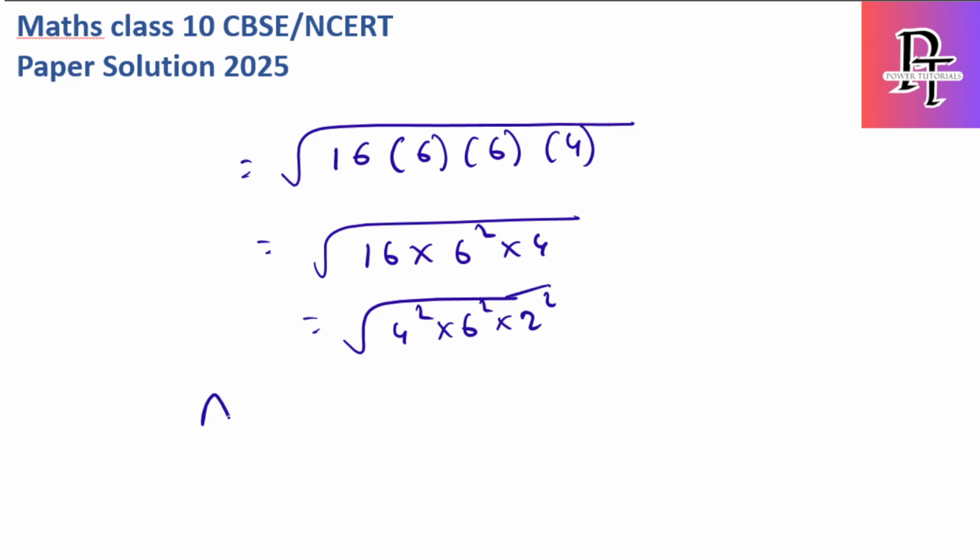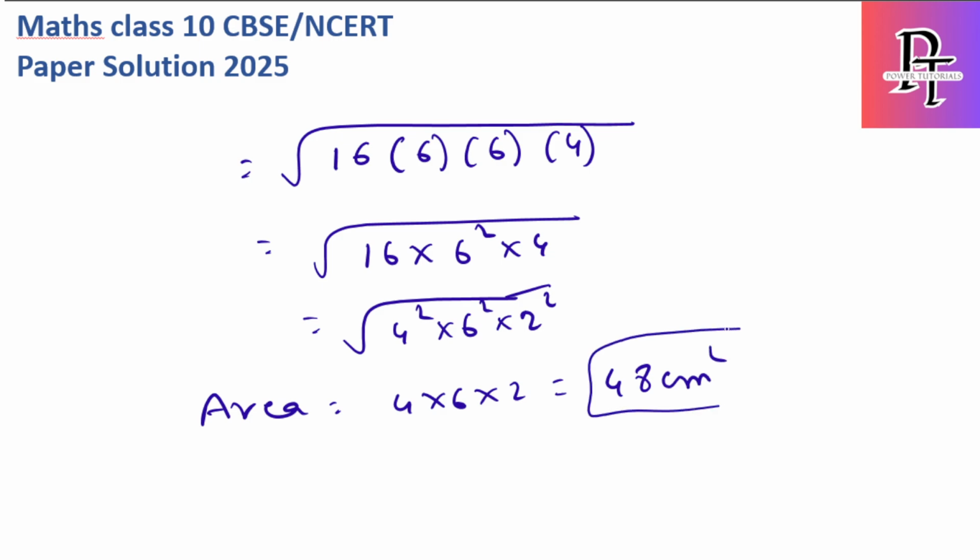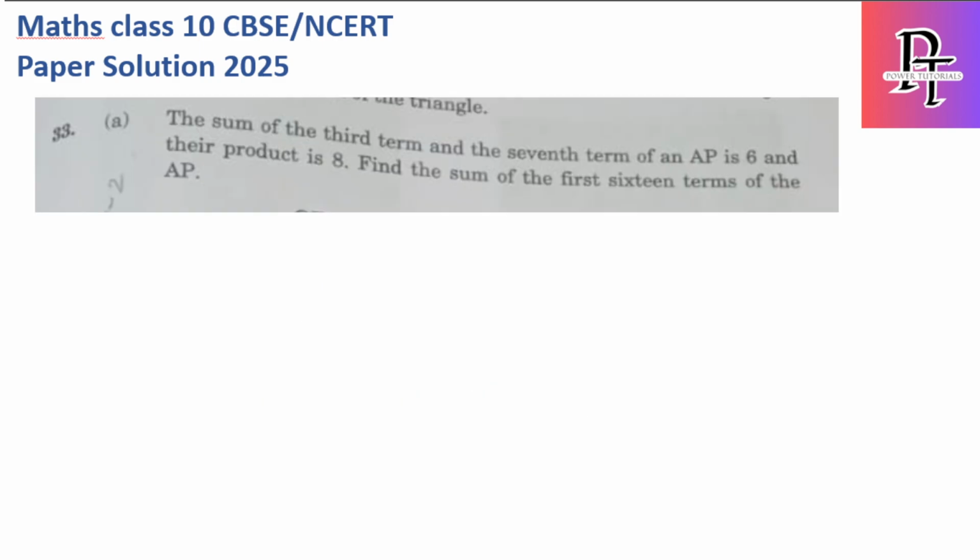So finally the area is 4 into 6 into 2, which is 48 centimeters square, the area of the triangle. This is easy, but for 5 marks, it is 3 pages as per slides, but if you write on paper, it will hardly take 1 page.